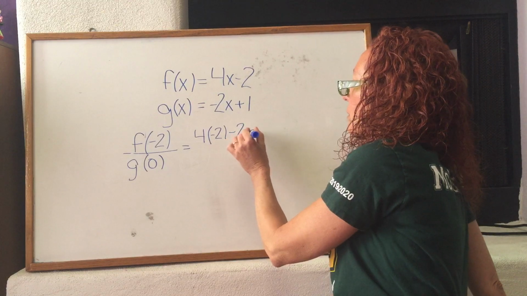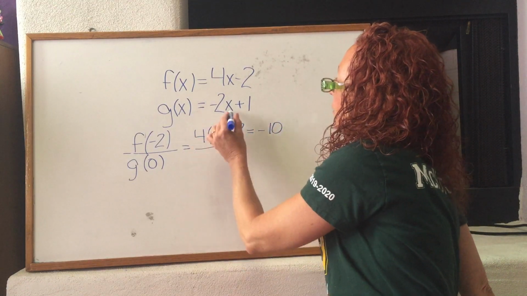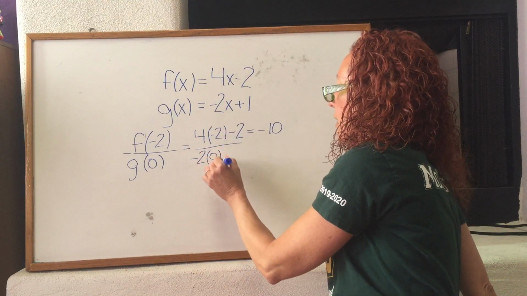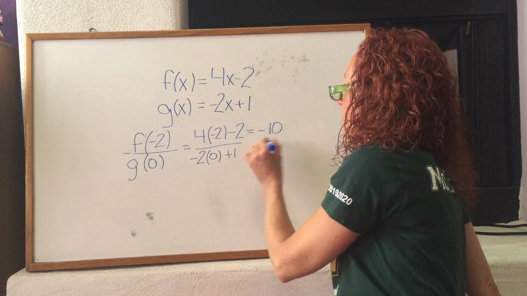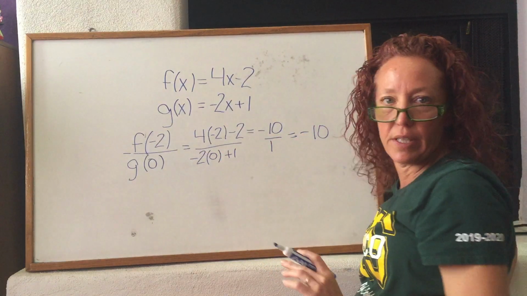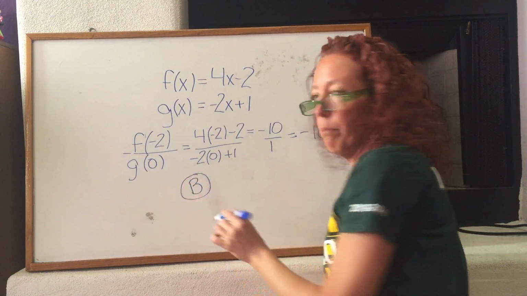Take away 2 more, so I have negative 10 in the numerator. In the denominator, if I substitute in a 0, anything times 0 is 0, plus 1. So my final answer is negative 10, which makes the correct answer, once again, B.